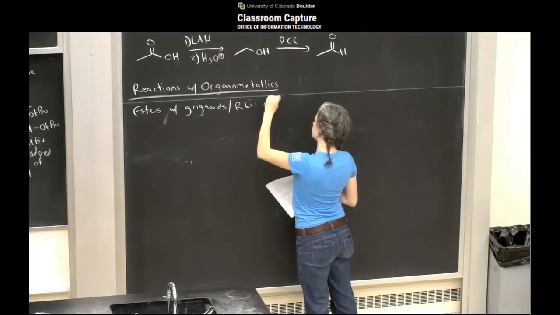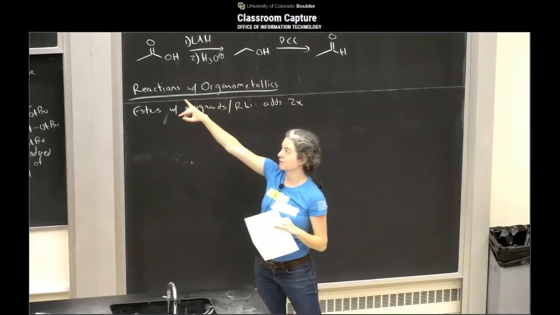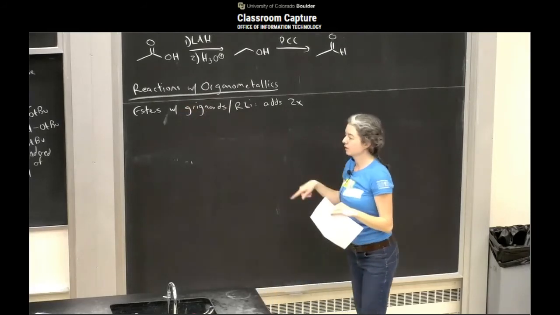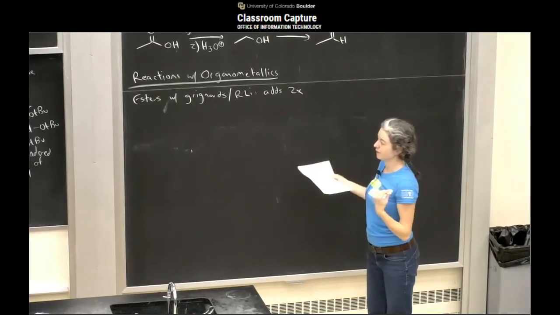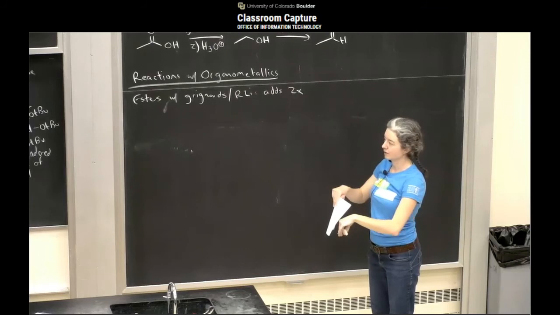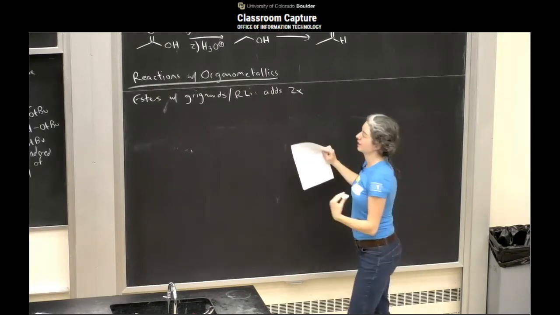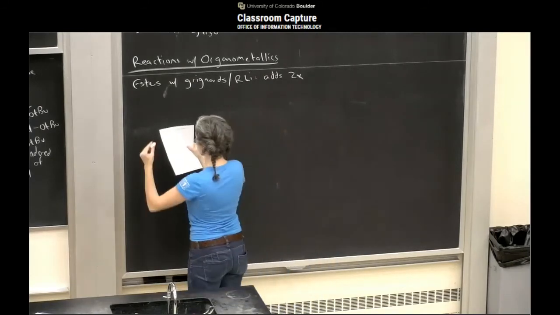This is kind of similar to the lithium aluminum hydride thing where you add once, kick out a leaving group, add a second time. And if you happen to have a diester like some of you have for this lab, you actually kick out 2 leaving groups and add a third time. But I'm just going to show it with regular esters here.